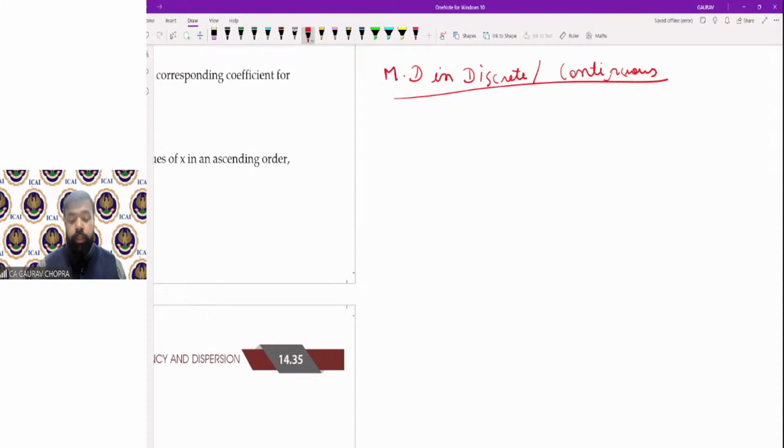So mean deviation will be equal to sigma f mod x minus central value upon sigma f.